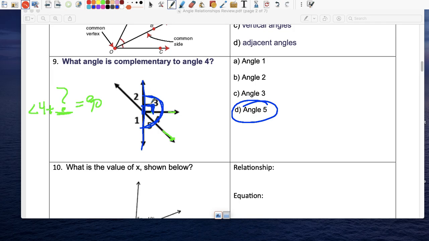But they're already telling us that angle 3 is 90 degrees. So that means angle 4 plus 5 gives me 90. So angle 4 plus angle 5 equals 90. So when they ask me, this is angle 4, what can I add to angle 4 to give me 90? Well, here's my answer.